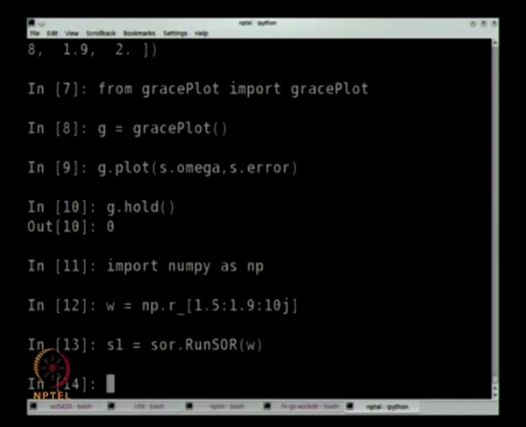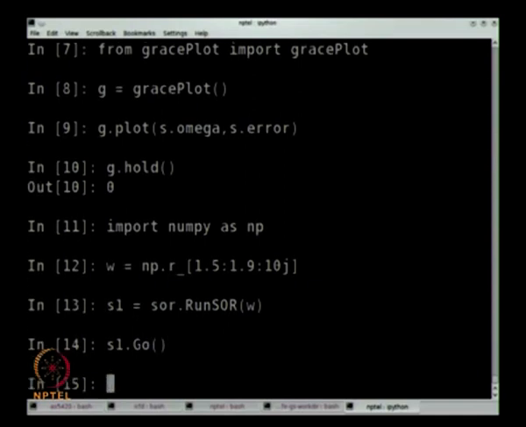So S1 should run 10 iterations, and S1 also has an error, so I will plot S1 dot omega versus S1 dot error.